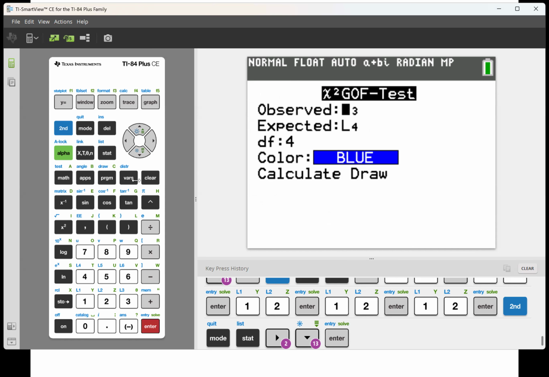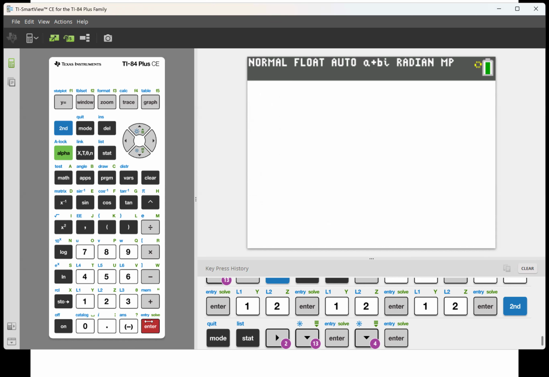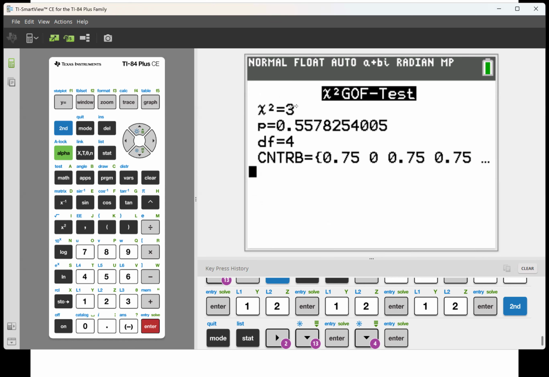Okay, now it should be correct. The chi-squared test statistic is 3, and there are my squared Pearson residuals. They're all 0.75, except the second one, which is 0.